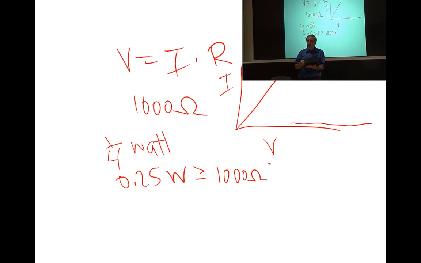What do I need to do here to get the units to match? I got watts here. I got ohms there. What do I need? Current. Current squared. So it tells me the maximum current that I can drive before it explodes. All right.